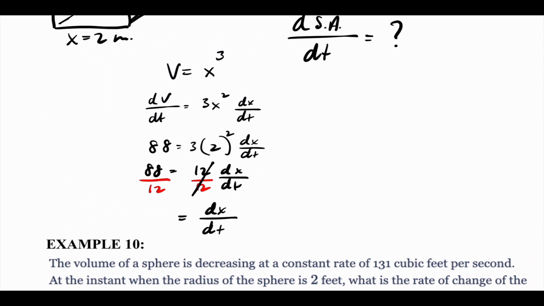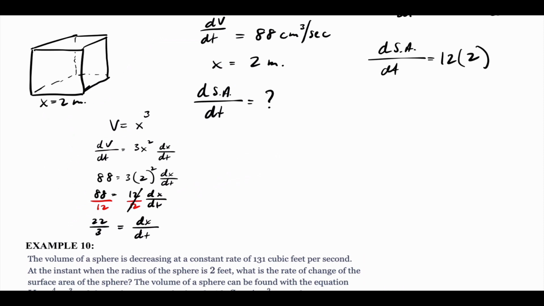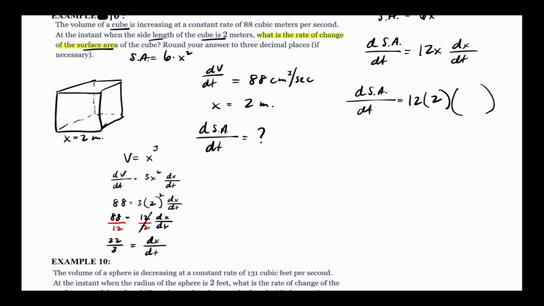I think you can divide both of them by 4, so you get 22 over 3. We're not going to round it. I'm not going to divide it until the very end. I'm not done with my question. All I did here was give me what dx over dt is. So now I can go plug it in over here.